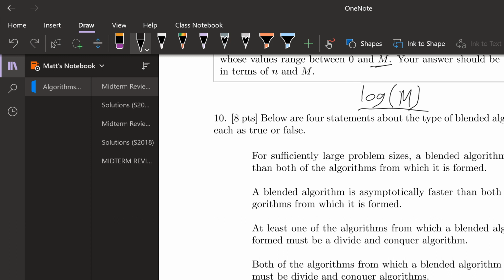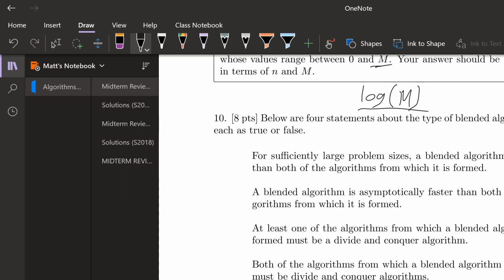At least one of the algorithms from which a blended algorithm is formed must be a divide and conquer algorithm. Yes or no? Why do we think yes? Because dividing and conquering is the reason you use a blended algorithm. You divide it until it's small enough to use a not necessarily divide and conquer algorithm, and that might be faster at that level than going back up.